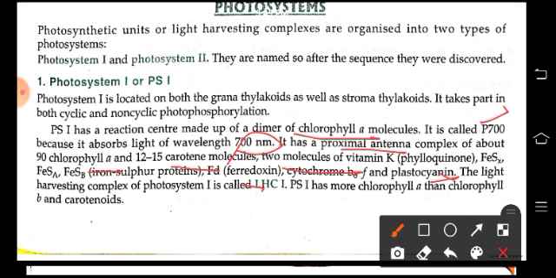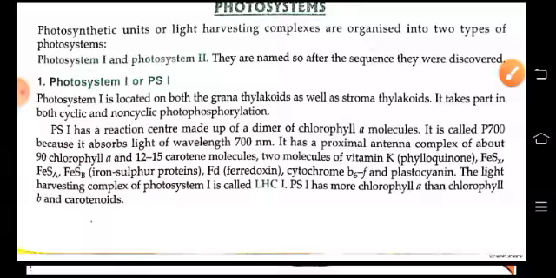Now the light harvesting complex of photosystem 1 is called LHC1. Photosystem 1 has more chlorophyll A as compared to chlorophyll B and carotenoids.